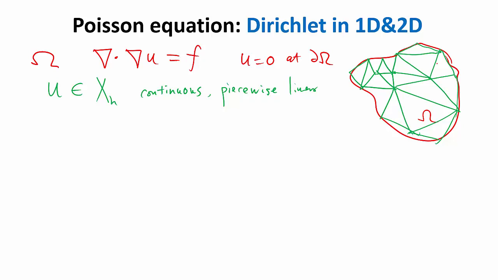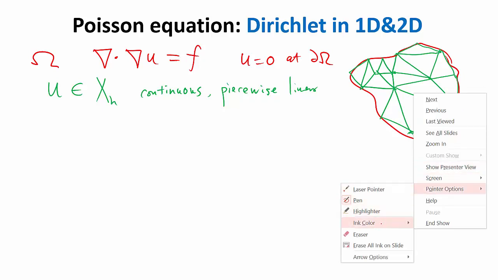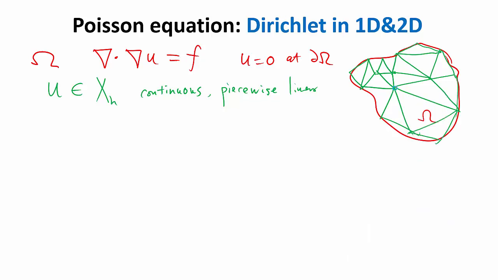Right. So here, in 2D, let's think of what that linear function would look like. Let me give a special case. Let's say we look at this biggest triangle in this domain, and the value of the function is 1 here and 0 here and 0 here. How would the contour of this linear function look?